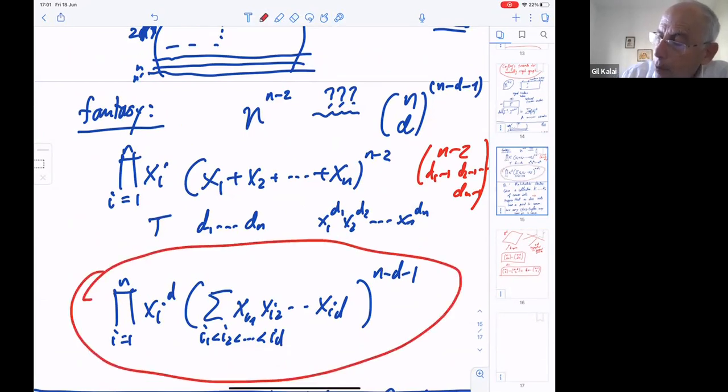So instead of the sum of the variables to the power n minus 2, you get this symmetric function to the power n minus d minus 1. Okay, so this is a vague fantasy, but I hope it's as clear as a vague fantasy can be.